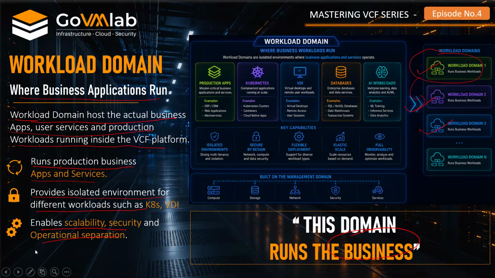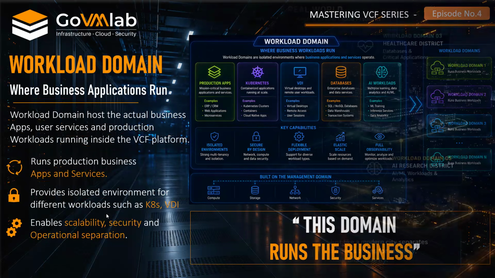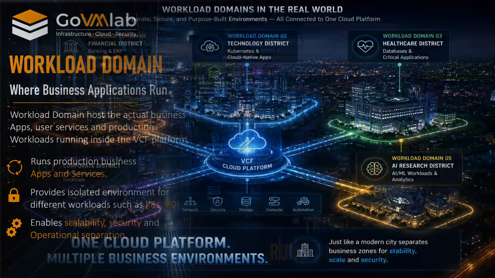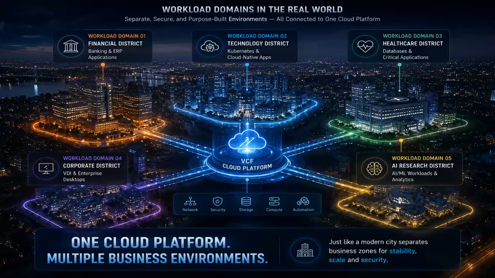So now let's have a real-world analogy of the workload domain. How do we see the workload domain in the real world? Imagine a modern smart city where each district has a dedicated purpose. You could have a financial district for your banking and ERP specific applications. You could have a technology district for running your Kubernetes, and maybe your AI/ML or cloud native workloads.